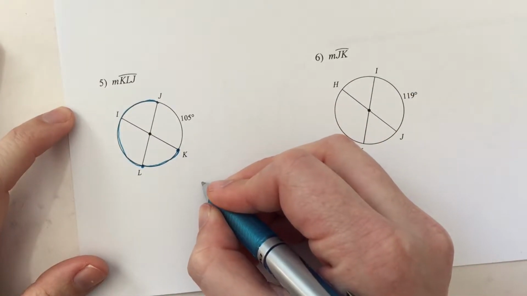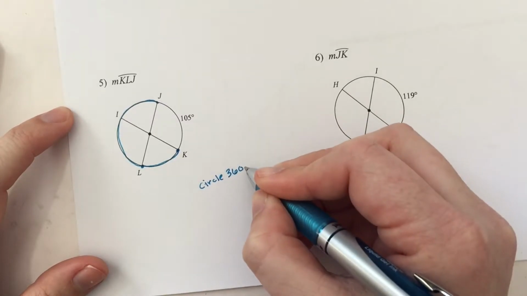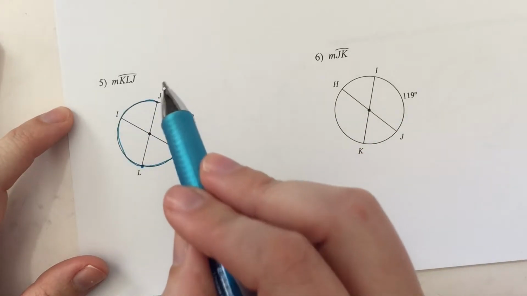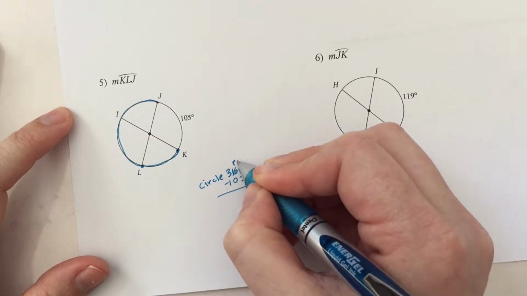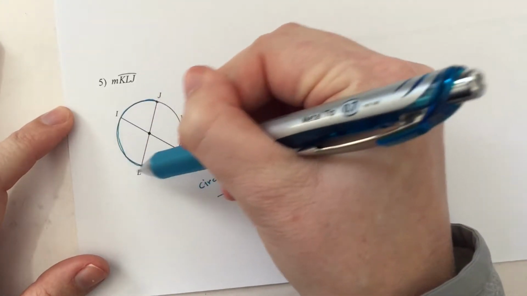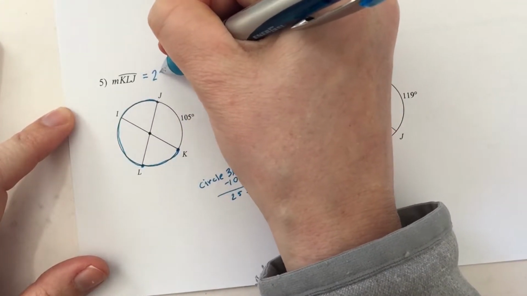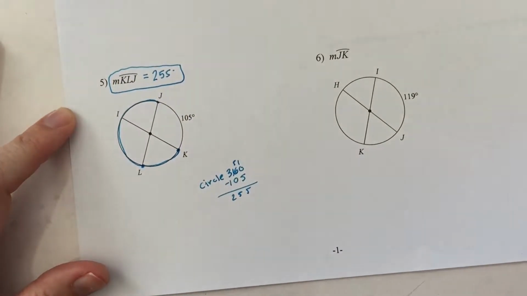You could do that a circle is 360 degrees all the way around. If I minus this 105 from it, I get that this piece is 255 degrees for that arc, and you'd be done.